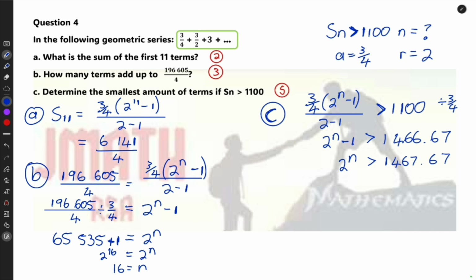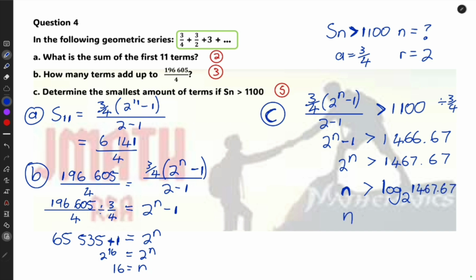So with logs, I put a log, the base stays the base. So 2 to the power n, the base is 2. And then the base stays the base, and the other two numbers swap around. So I can leave n there. So the n is now not with the 2 anymore. The n stays on the left, greater than log base 2 of that number.